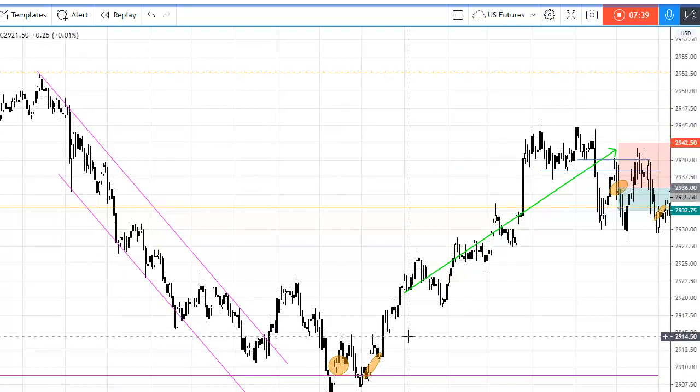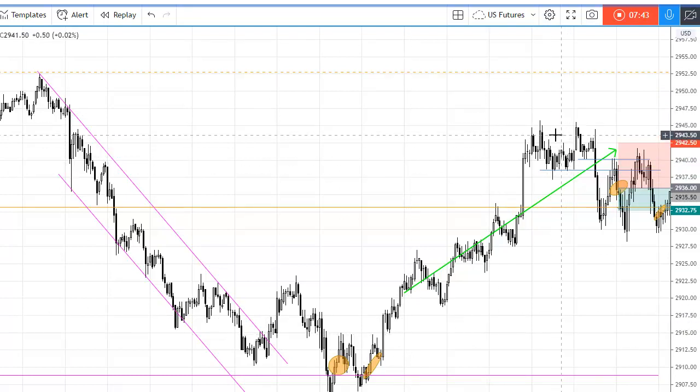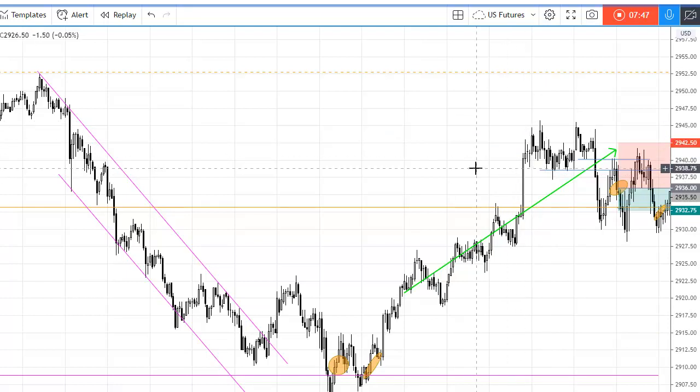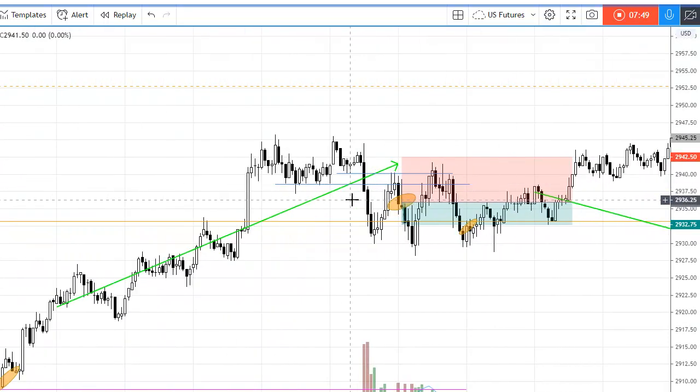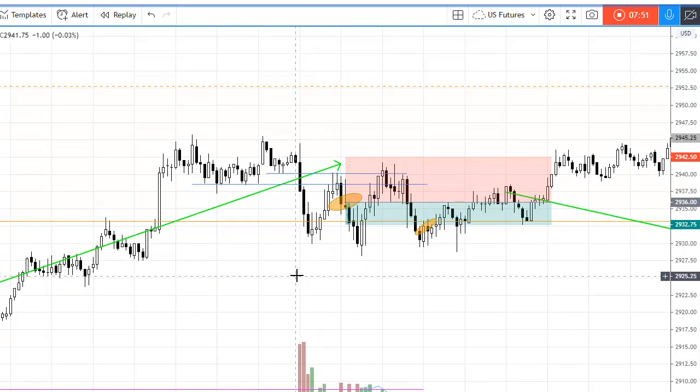So what I anticipated was a test of the breakdown bar around the 2940 area, and I entered a short. But as you can see here, this is the opening at 9:30, and we have a sell-off, but it didn't really go anywhere.